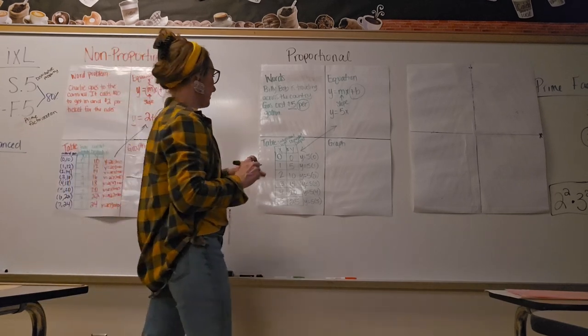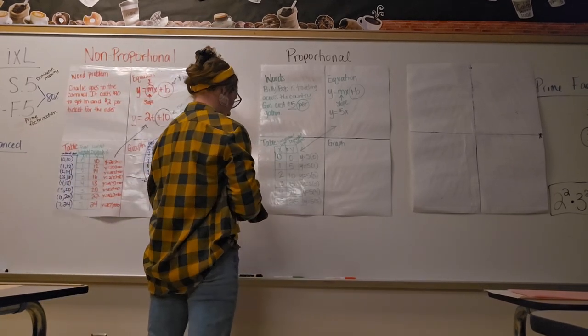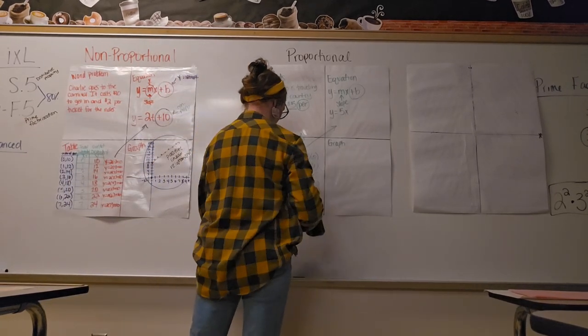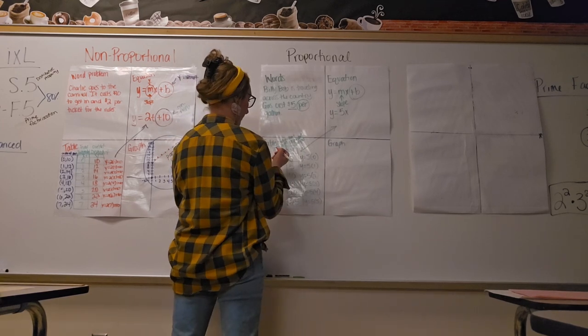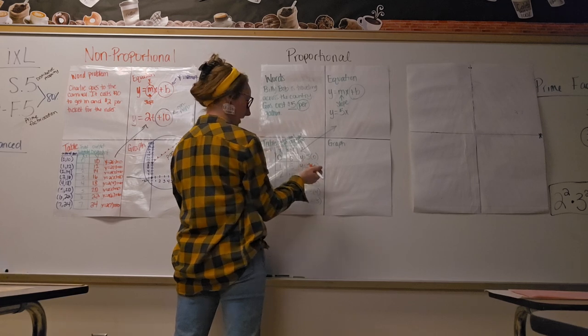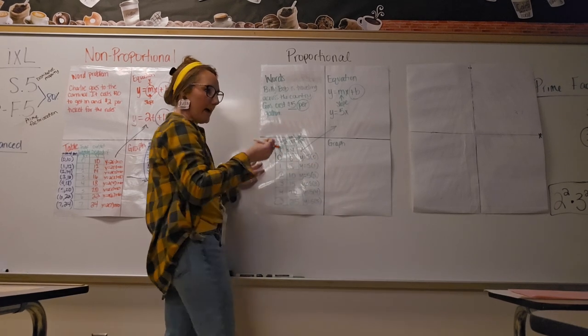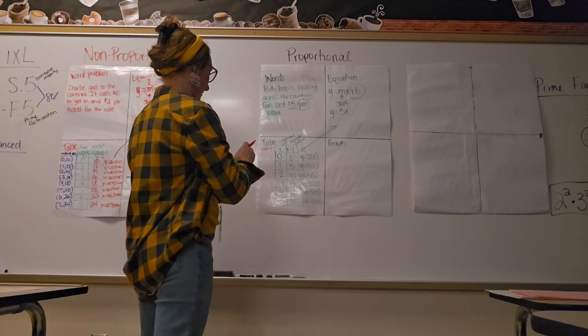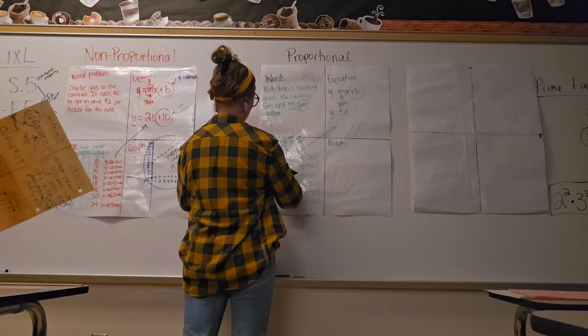Now let's get our ordered pairs, so we can put some dots on our graph. Remember, our points, our data points on our graph, are ordered pairs.